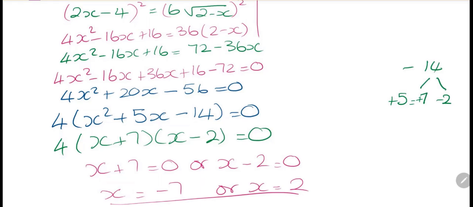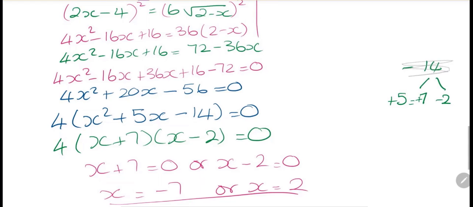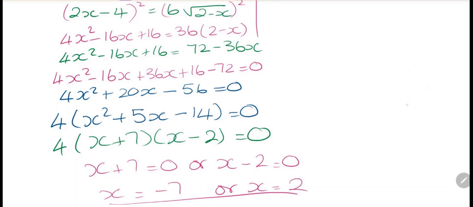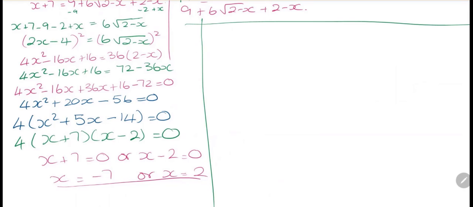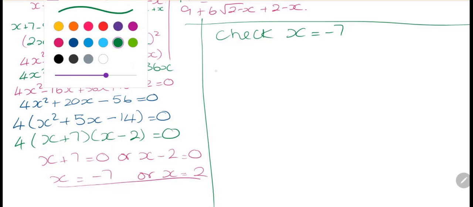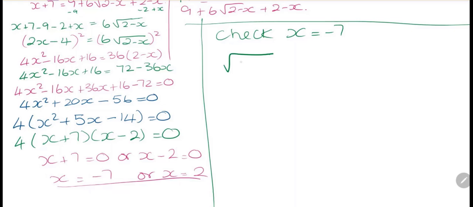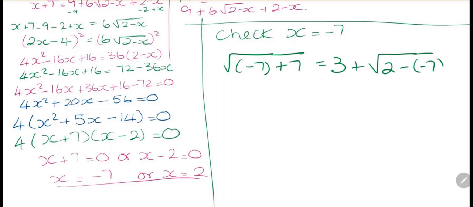Now we need to check both solutions to see if they're correct. So let's do that. First of all, we're going to check to see if x is equal to minus 7. So I'm going to put it into the original equation, which is the root of x plus 7 equals 3 plus the root of 2 minus x. So we've got the root of minus 7 plus 7 is equal to 3 plus the root of 2 plus 7.